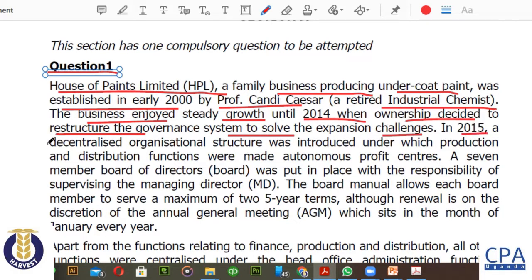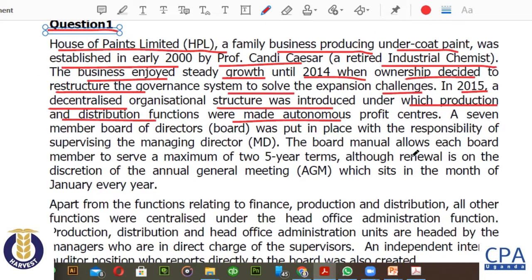In 2015, a decentralized organizational structure was introduced under which production and distribution functions were made autonomous profit centers. A 7-member board of directors was put in place with the responsibility of supervising the managing director.